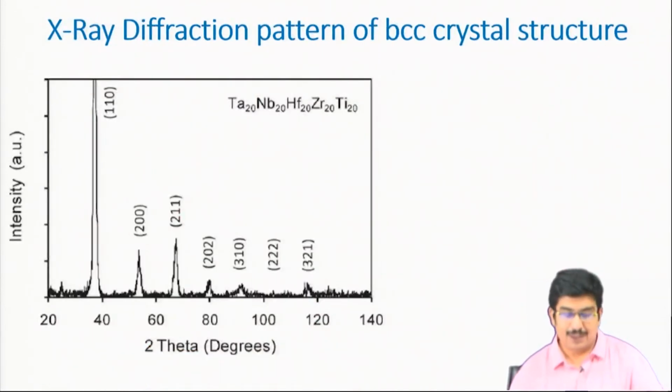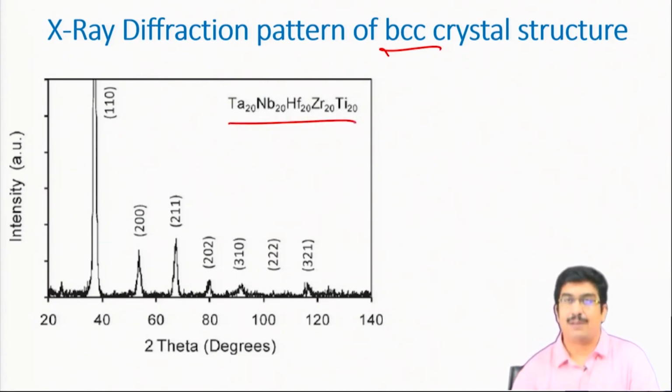So let us see if this is true or not. This is now an X-ray diffraction from a BCC, body centered cubic. We are dealing with a specific crystal structure, and this is an equiatomic bulk metallic glass, or you can see the crystalline form of a bulk metallic glass. This is basically a high entropy alloy, that's what you can call.